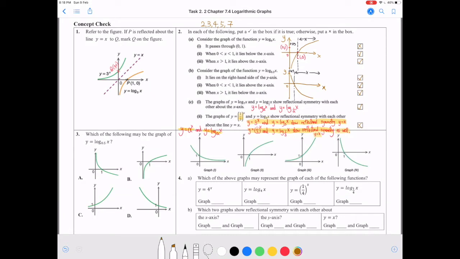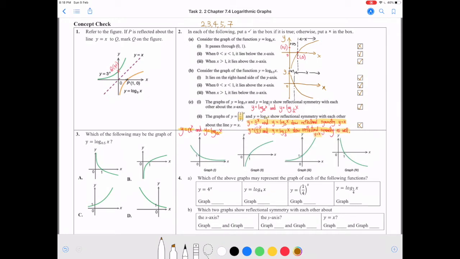Question 3. Which of the following may be the graph of y equals log base 0.5 of x? The first thing that I observe is option C and option D must be ruled out. Why?